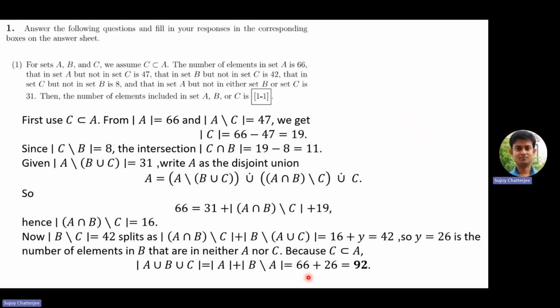So total is 91. So the total number of elements in A, B or C is 92. So this is the final answer of this question.